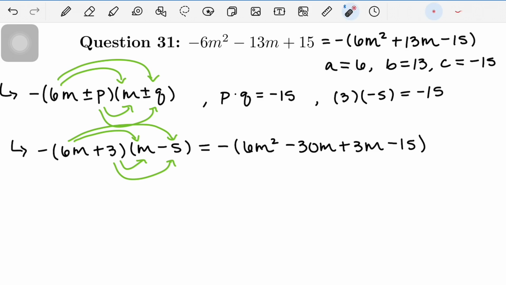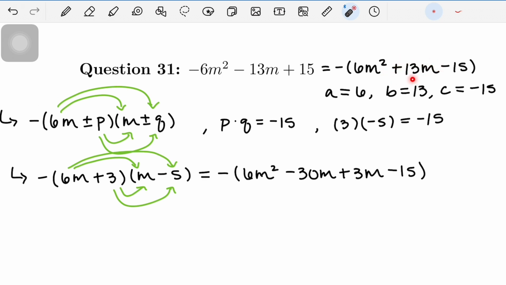Automatically we can see that minus 30m plus 3m gives us a minus 27m, and that's not what we're looking for. We're looking for these to add up to give us a 13m. That's where the guessing and checking comes in. This is not what we're looking for.